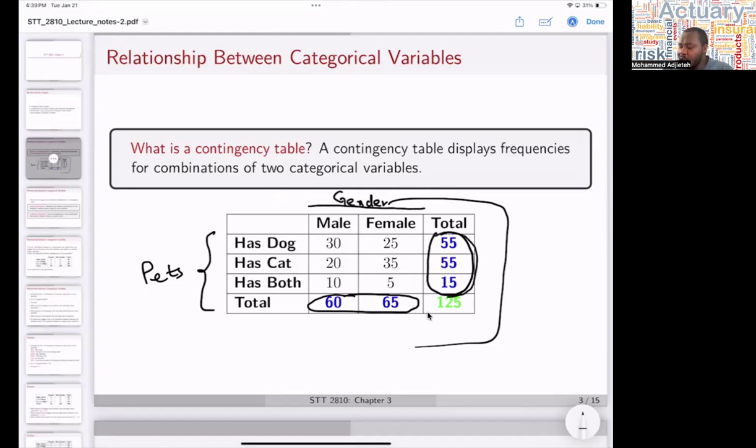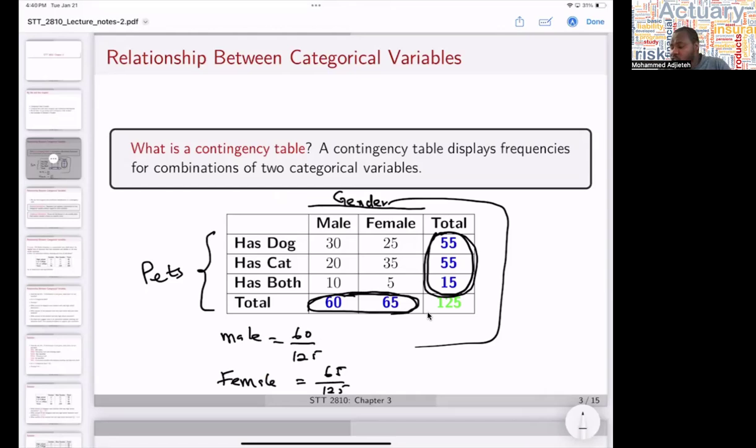These numbers here are the marginal distributions for pets, and these are the marginal distributions for gender. I repeat, these numbers are the marginal distributions for pets, and these are the marginal distributions for gender. So if you're asked to find the marginal distribution for gender, all you need to do is male equals 60 over 125, and female is 65 over 125. So that is what a marginal distribution is.